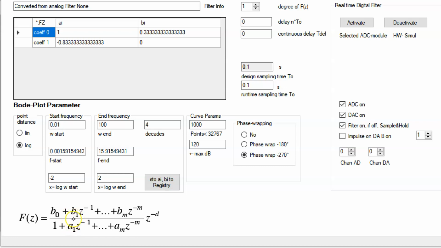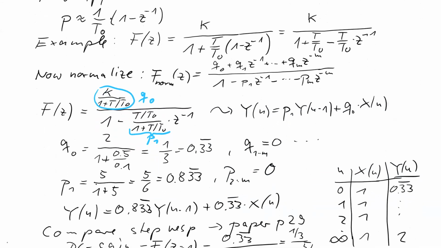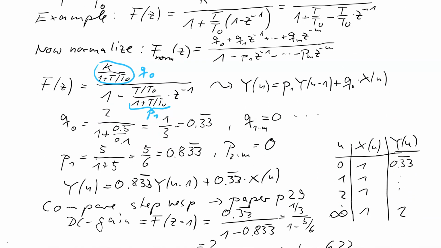Let's compare now the result with our paper. This is the rectangular approach. A B of 0.33 repeated and an A with negative 0.833 repeated. Quick look. I've shifted back my writing to the rectangular approach. Our filter is calculated at this position.